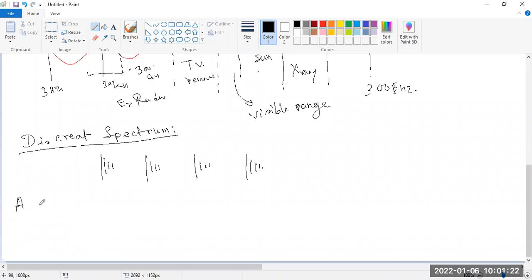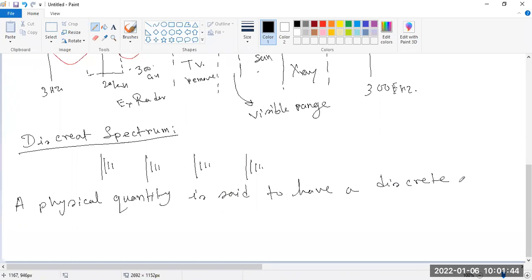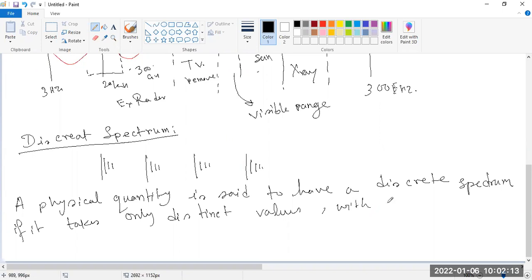So if a physical quantity is said to have a discrete spectrum, only distinct values exist, with gaps.